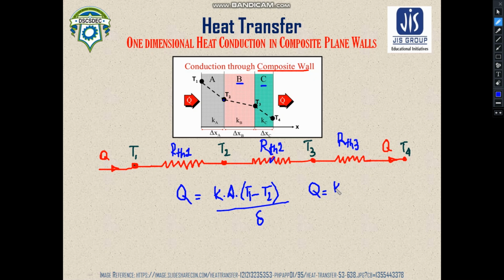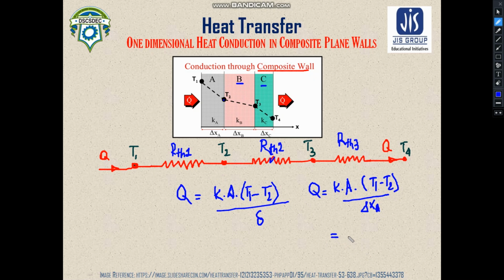Let us assume that all three walls have the same area. We are not going into complications here. Obviously, they don't have the same area, but we are considering it. So it will be K A (T1 minus T2) divided by del x A, where this is the thickness for wall number A.